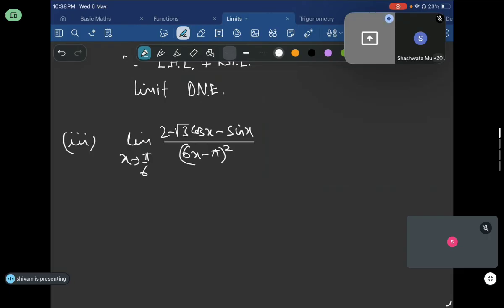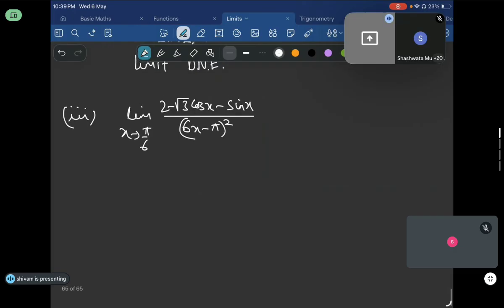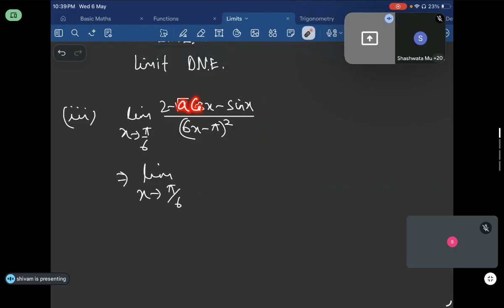Pay attention, everyone. Since it is 0 by 0 form, you have to convert and remove the indeterminate form. So limit x tends to pi by 6. First of all, take 2 common. See, everyone, it is a cos x minus b sin x.